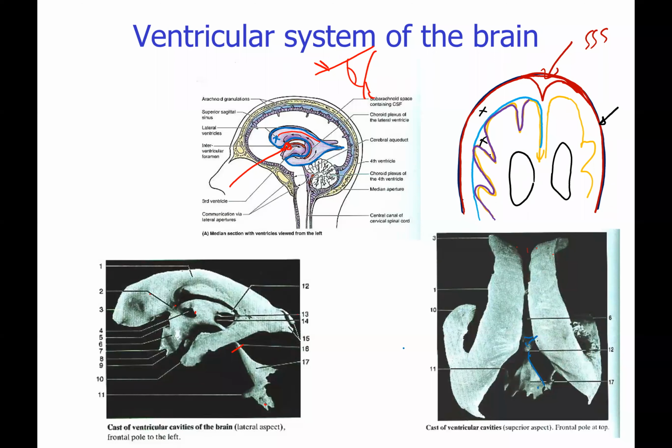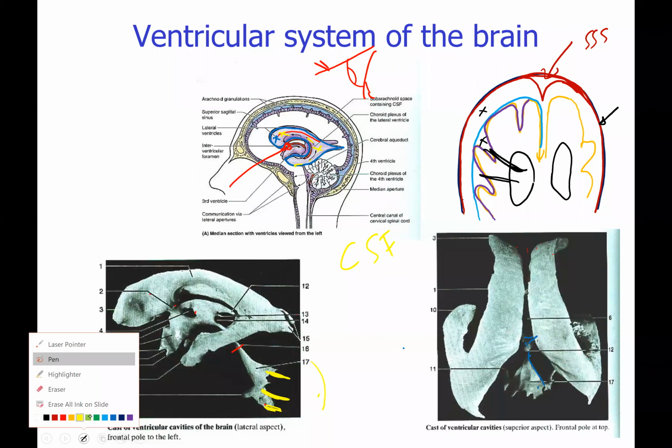Now these ventricles are connected to the subarachnoid space, not through the brain substance, but through the fourth ventricle. At the fourth ventricle there are openings from the fourth ventricle into the subarachnoid space, through which the cerebrospinal fluid, CSF, can enter the subarachnoid space from the ventricular system.